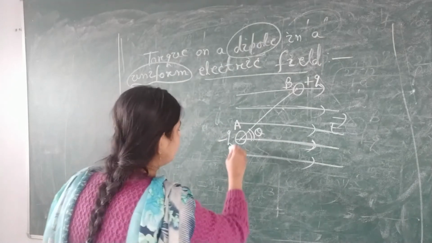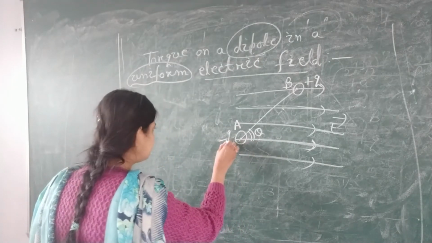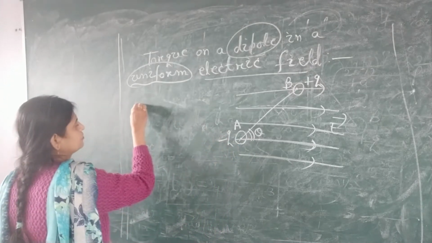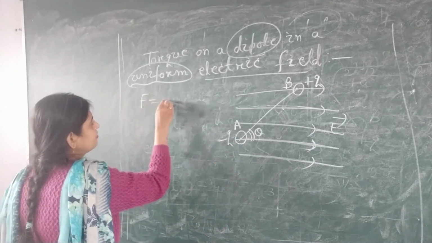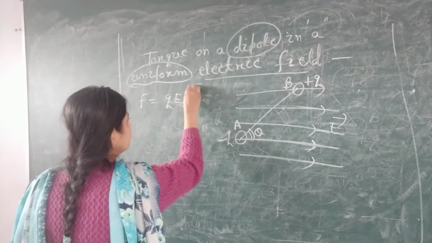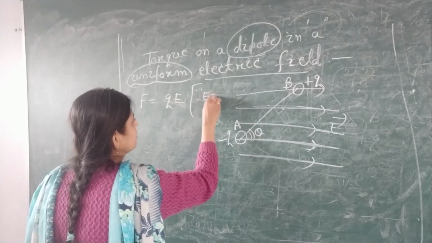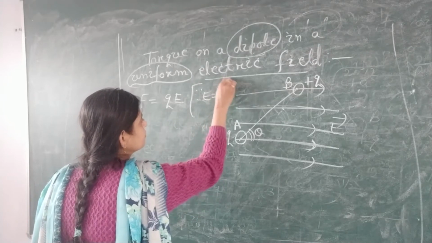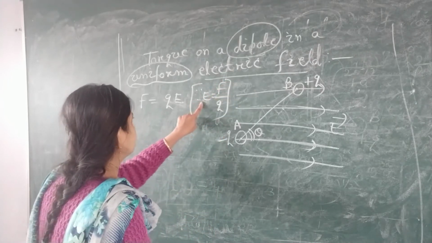Now, what will be the force due to charge minus Q? We know F is equal to QE, or E is equal to F by Q. So F is equal to QE.